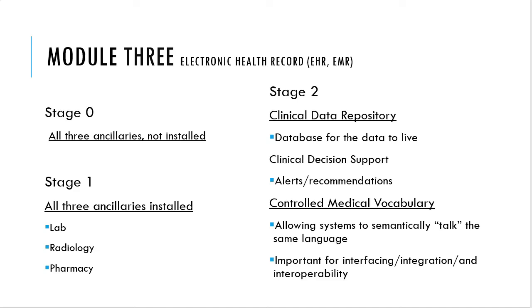And to have that, there has to be some sort of a controlled medical vocabulary. And that's very important for that interfacing and integration. HL7 is something that you may hear about as kind of a language, pipes and carets. It's a lot of programming that allows for the interfacing of 2 disparate systems. But again, stage 2, then we get into stage 3.